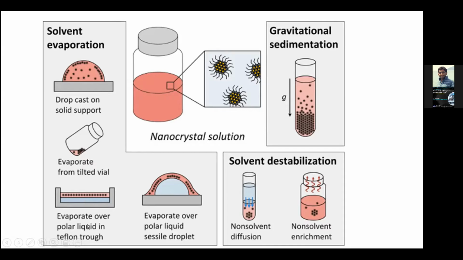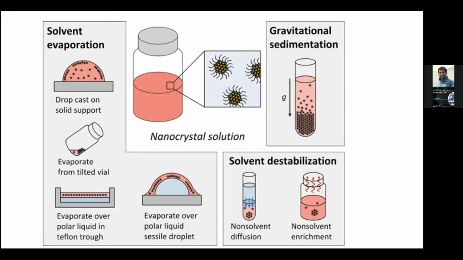Another one that you can see is over a polar liquid on Teflon. Suppose this is Teflon, and the blue part is a polar liquid, a high boiling polar liquid like ethylene glycol or diethylene glycol, and then you can drop a certain concentration of the solution.